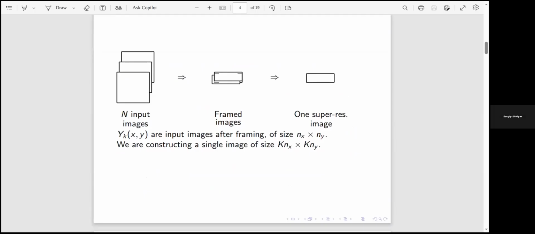We have several input images of the same scene. One possible way these images could be obtained is using remote sensing with satellites.